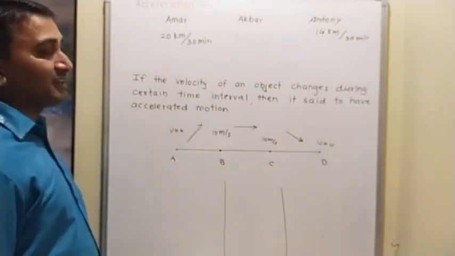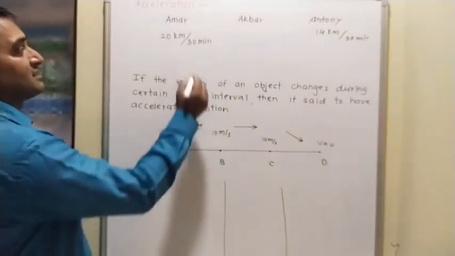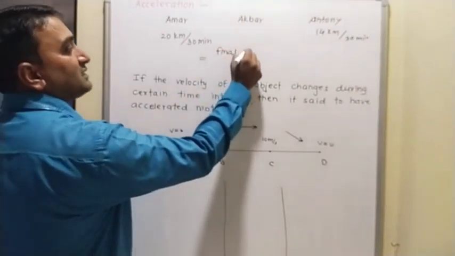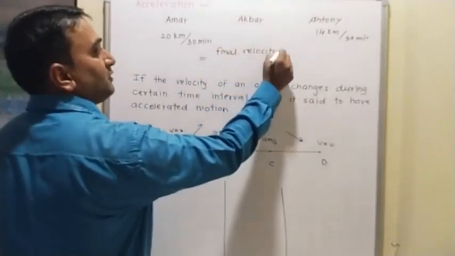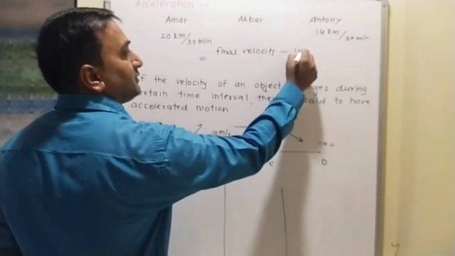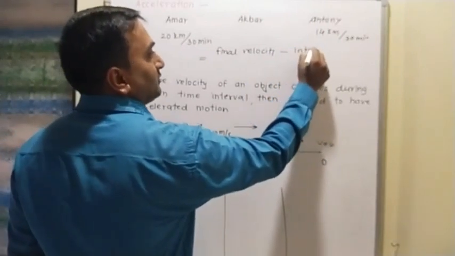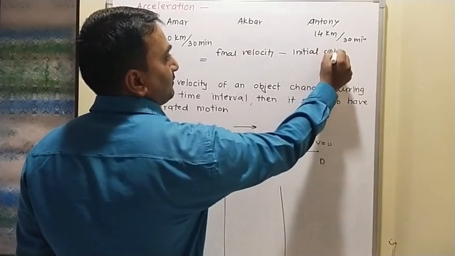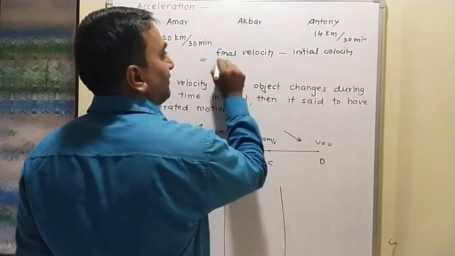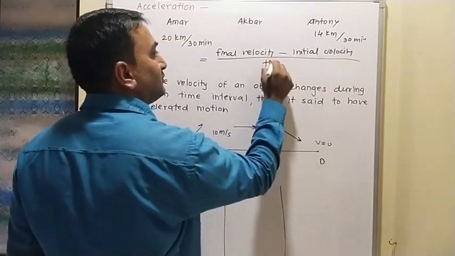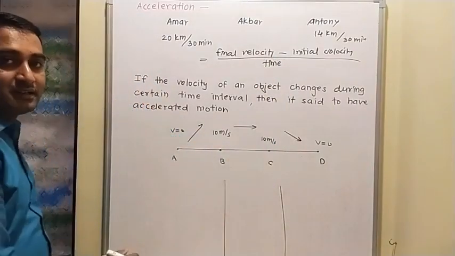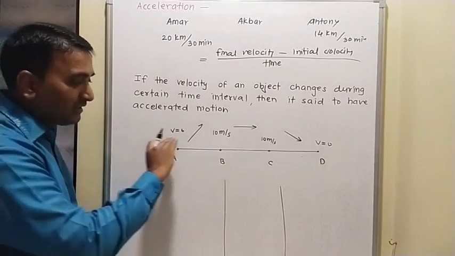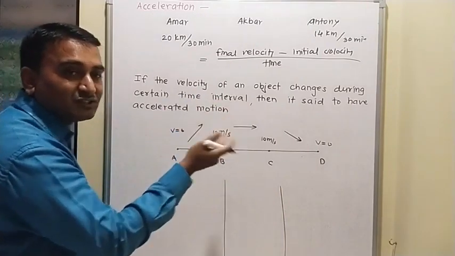So what is acceleration? Acceleration is nothing but the final velocity minus initial velocity divided by time. So see here, the initial velocity is 0, that is less, and the final velocity is more.